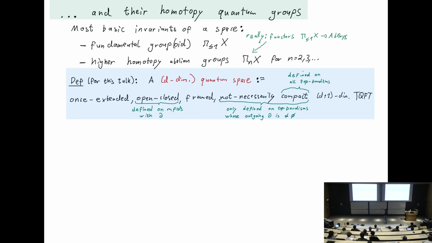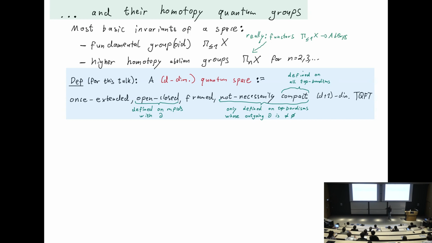The way we model it is we work with a once-extended theory, so you also assign categories to codimension 2 manifolds. Open-closed, so this means it's defined on manifolds with boundary. This encodes the fact that you have a boundary theory. We just work framed, which from a mathematical perspective is the most general collection of things you can do. And we consider not necessarily compact (d+1)-dimensional TQFTs. Compact (d+1)-dimensional TQFT here means it's defined on all top-dimensional bordisms.